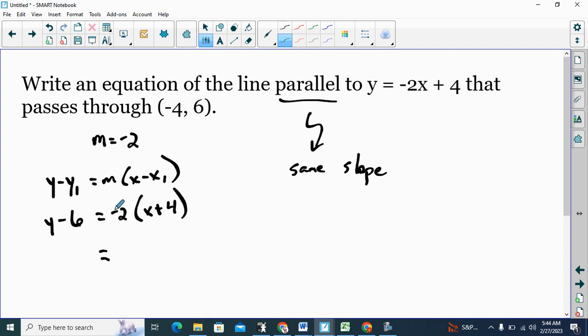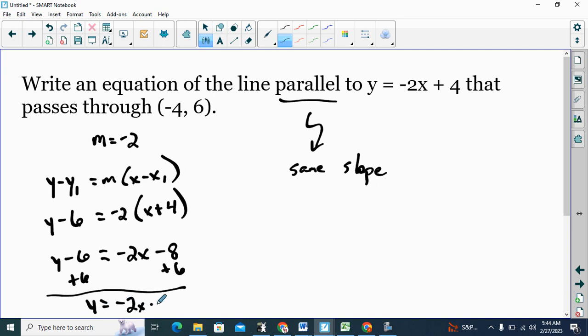Negative 2 times x, negative 2 times 4, and add 6 to both sides. Y equals negative 2x minus 2 is correct. Again, parallel lines have the same slope as each other.